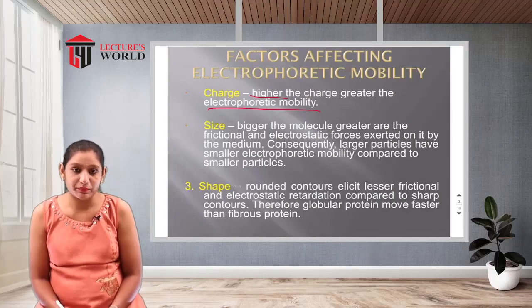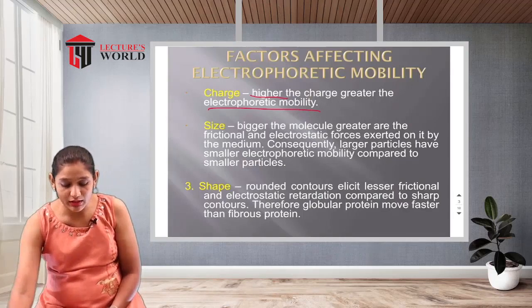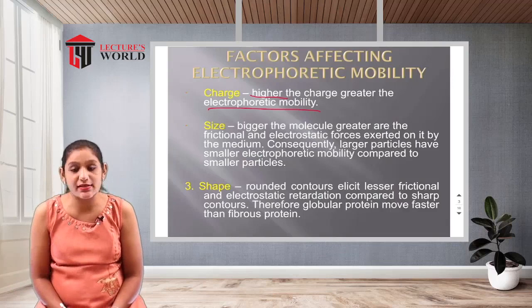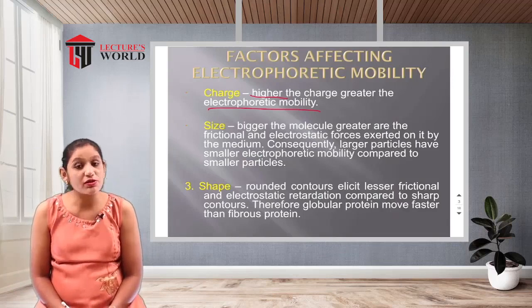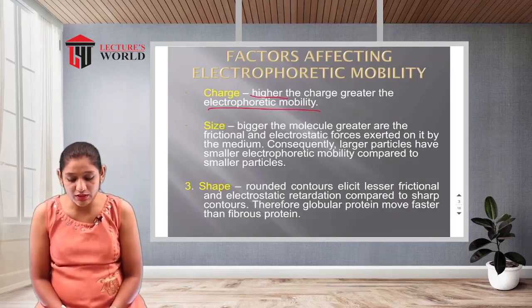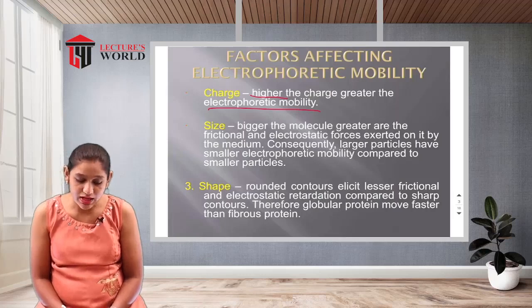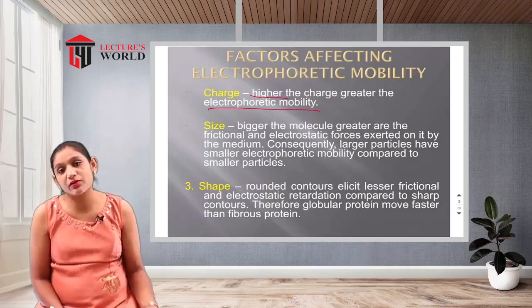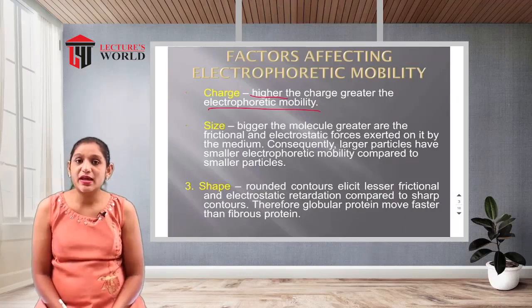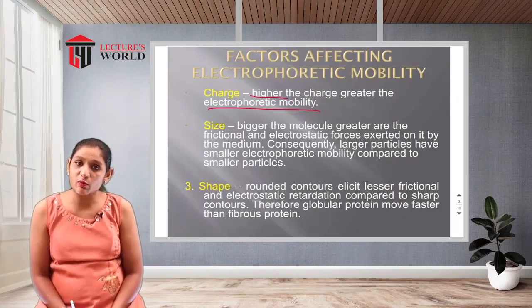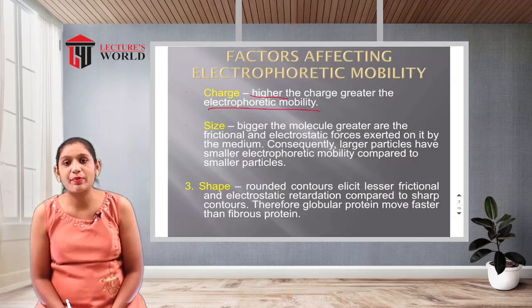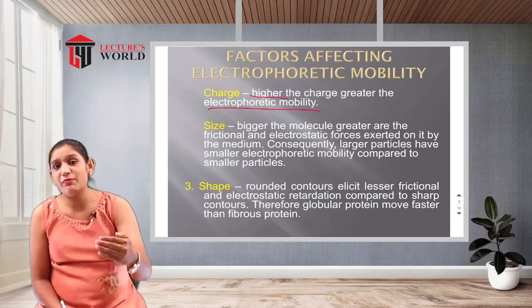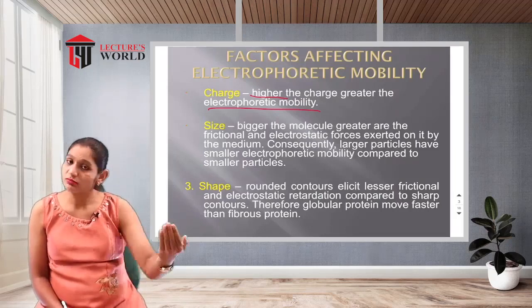Next, shape. Rounded contours indicate less frictional and electrostatic retardation compared to sharp contours. What is the shape behind the separation points? The lower the molecular weight, the farther the separation from the well.